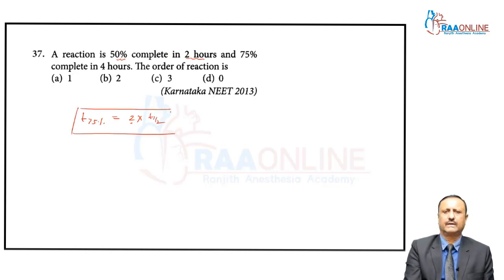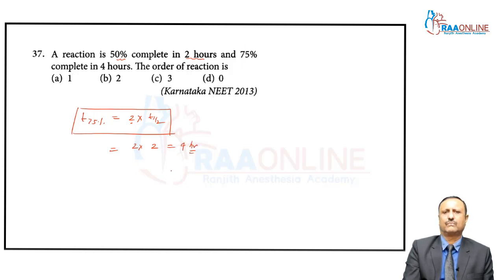So the half-life time is 2 hours, and 2 into 2 means for T 75% to complete, it takes 4 hours.